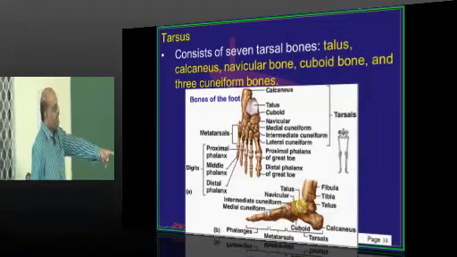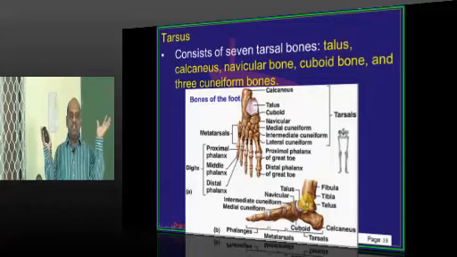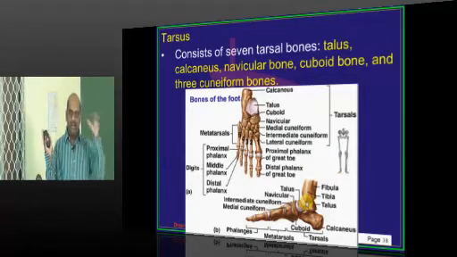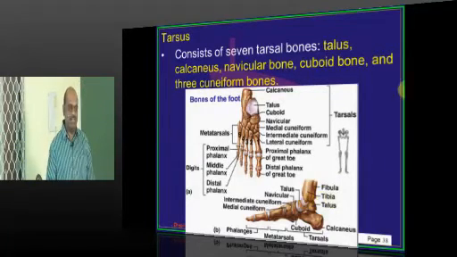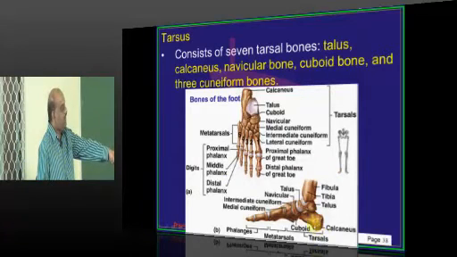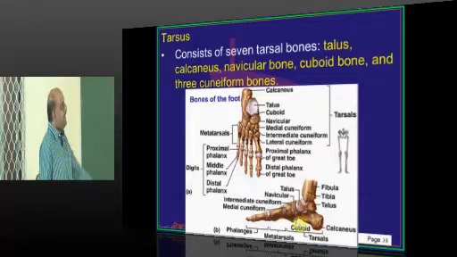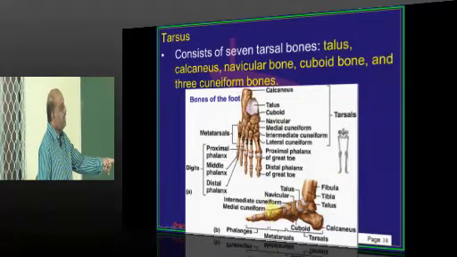We have the talus, which bears weight like Atlas. The weight of the entire body falls on the talus, on which the tibia is sitting. There is a calcaneus on which we land on a dance floor. There is a navicular bone which is like a boat, the cuboid, and 3 cuneiform bones.